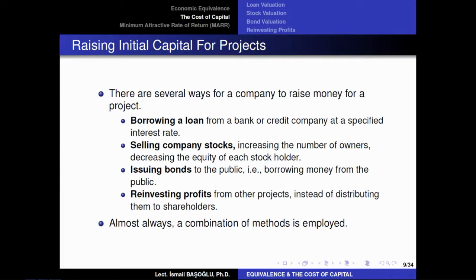You can issue bonds to the public, which means borrowing money from the public. Okay, so you are selling company bonds, which means you are borrowing money from the public. We are going to explain a little further about the term bond. And you can use your own profit. Let's just say in the last year, your company has made $50,000 of profit after paying the salaries of every employee and all of the costs. There is a net profit of $50,000. Now you can use your own profit to invest in future projects as well.